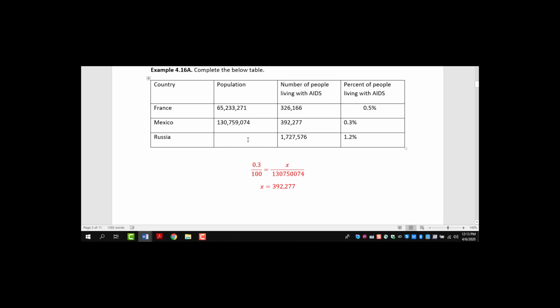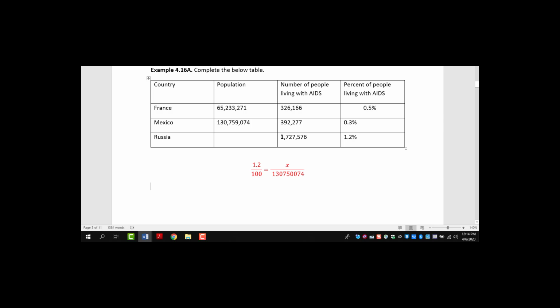So now we have our last one here on Russia. We don't know the total population. We know what percent has AIDS or is living with AIDS, and we know the number of people with AIDS. So we're going to find this number here. We got this ratio here, and we got the second ratio. The question is part to whole, part to whole.